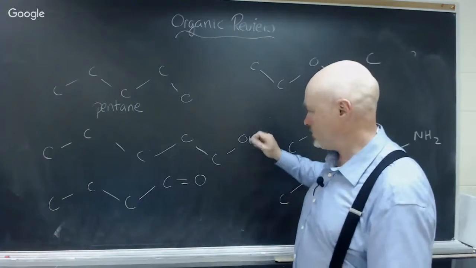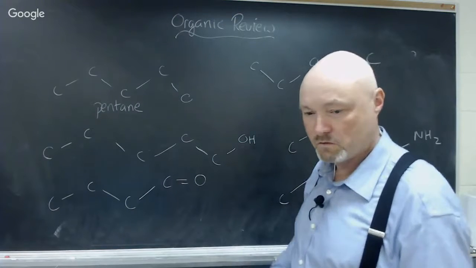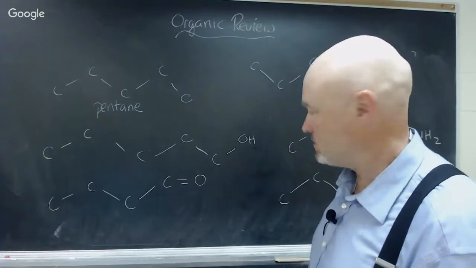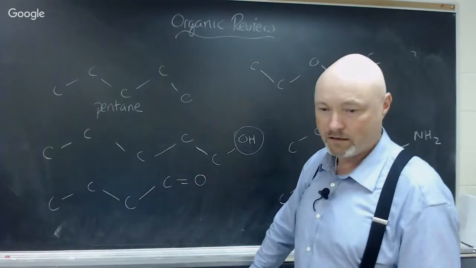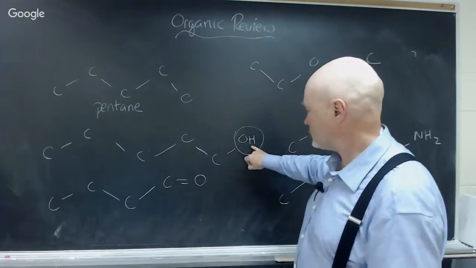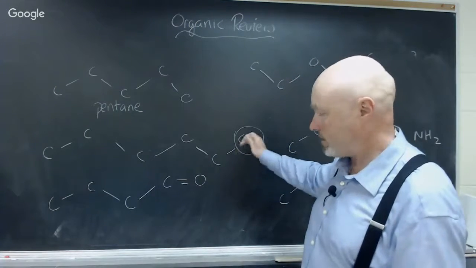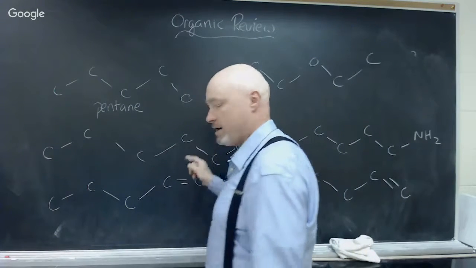We go down to this one. It's a hydroxyl group. Yes, right there. That's the big one. That's the key functional group. So is it pentoxyl? This hydroxyl group anywhere along there makes it an alcohol.